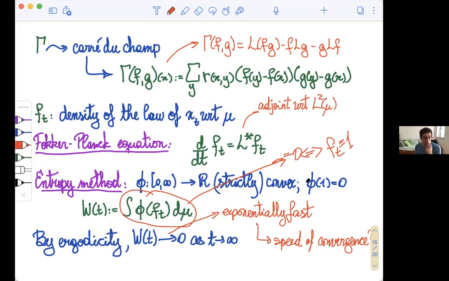So what is going on? This W of t somehow measures the distance between the law of X_t and the invariant measure mu.